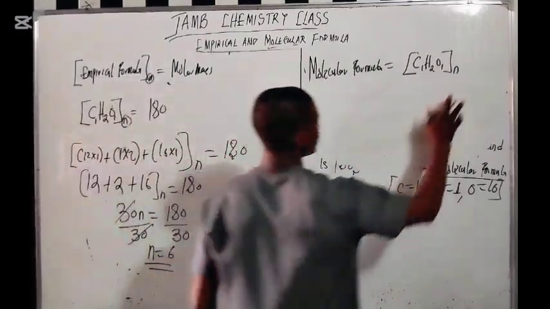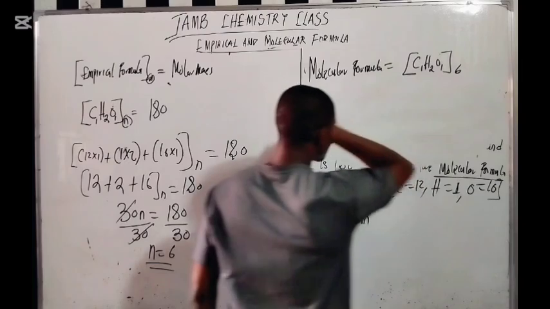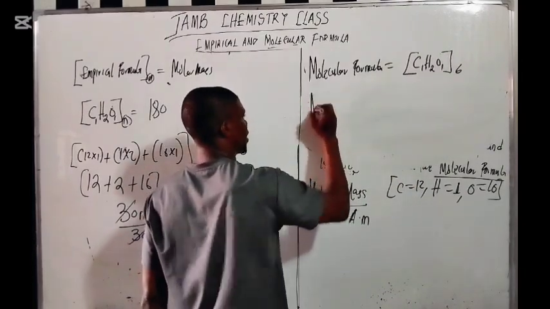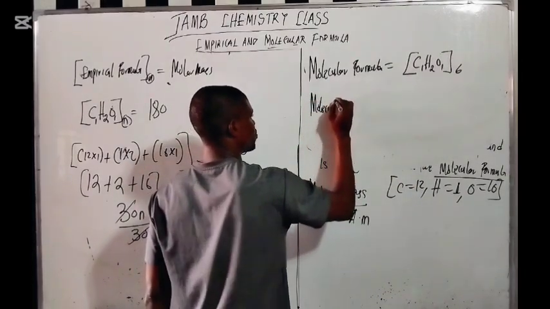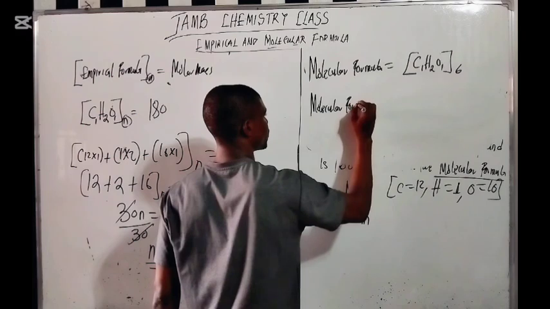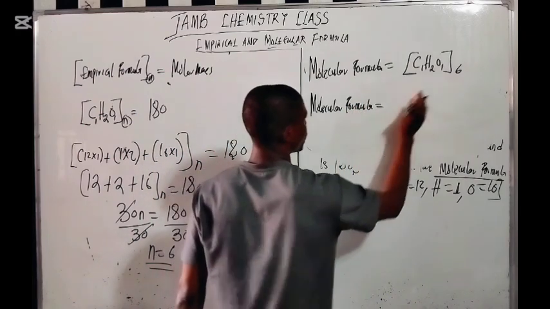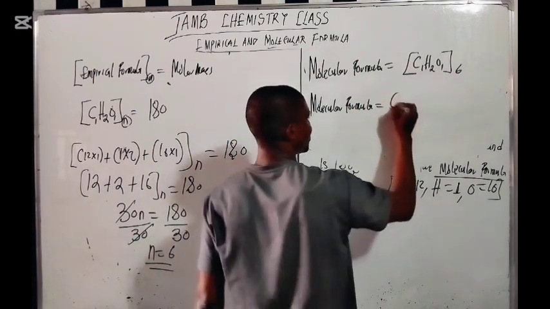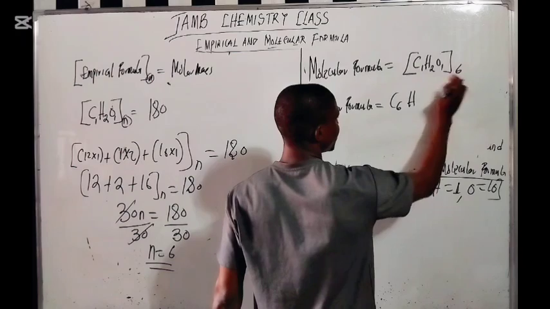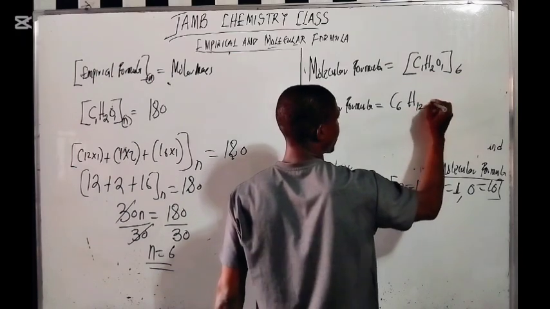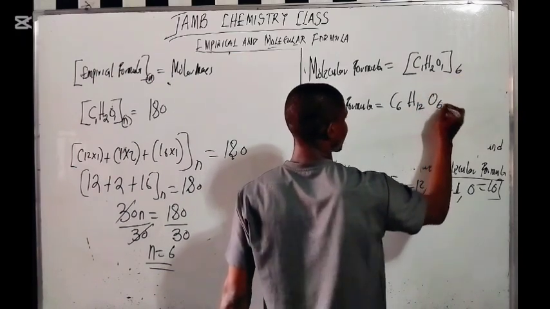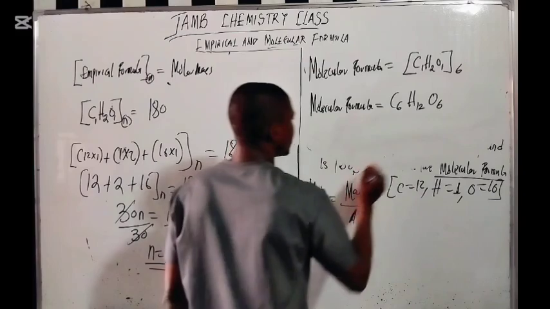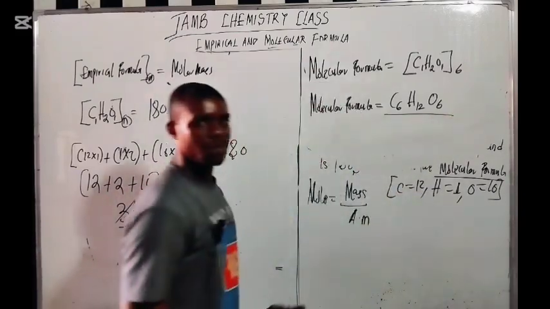So you remove it here, put 6, right? So my molecular formula here equals, 6 times 1 is 6 C. 6 times 2 is 12 H. 6 times 1 is 6 O, right? So this is my molecular formula.